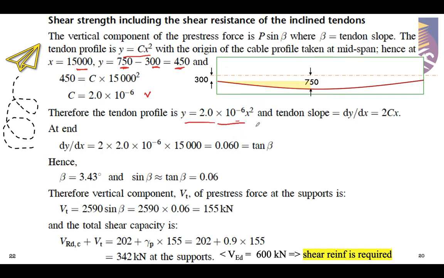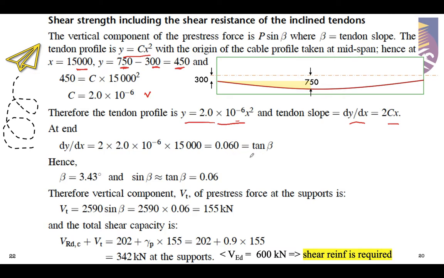Then we can calculate the tendon slope, whereas we are going to differentiate the equation. So we have dy dx equals to 2cx. At the end, when we substitute the value of c into the dy dx equation, we are going to get the slope equals to 0.06.